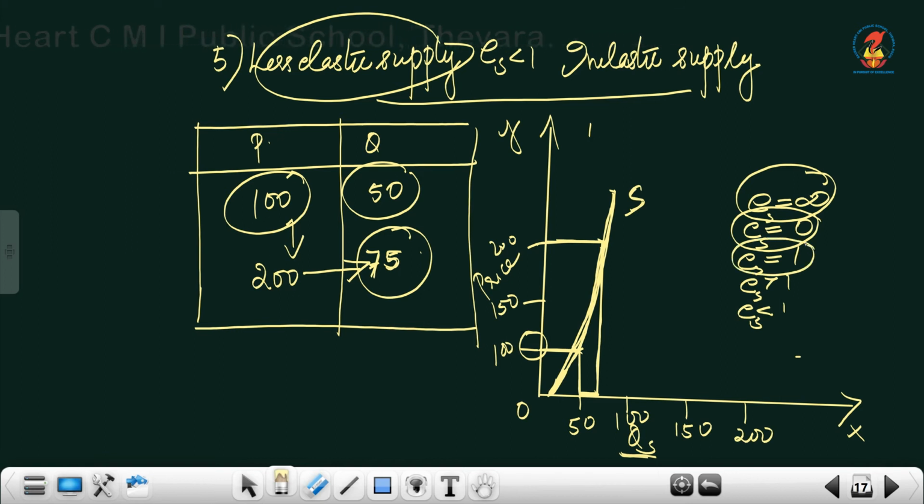Elasticity of supply is equal to 1 when a proportionate change in the price leads to a proportionate change in the quantity supplied. Elasticity of supply is greater than 1 when the proportionate change in the quantity supplied is more than the change in the price. Elasticity of supply is less than 1 when the supplier is supplying only a small increase in the quantity, even if there is a change in the price at a higher rate. Okay, so these are the 5 degrees of price elasticity of supply.